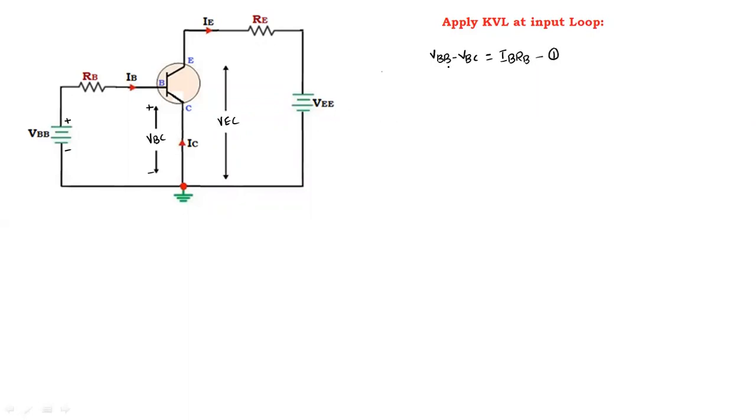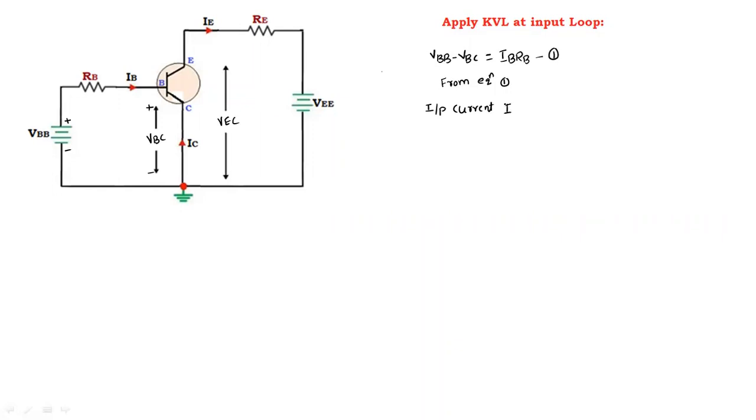From equation number 1, now we will separate the input current. The input current is indicated by IB.